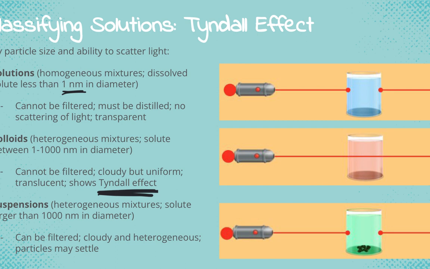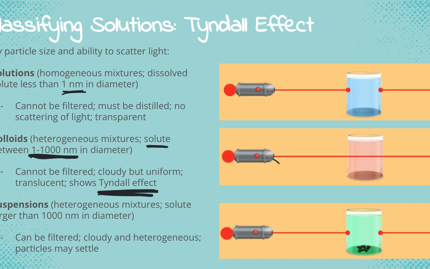When the laser shoots through that uniform composition, because the particles are 1 to 1,000 nanometers in diameter, the solute particles are large enough that you can see the line of the laser going through the entire sample. That's a positive Tyndall effect.